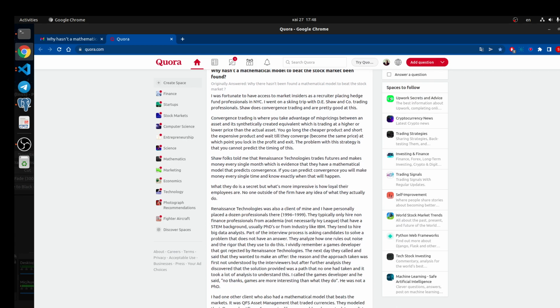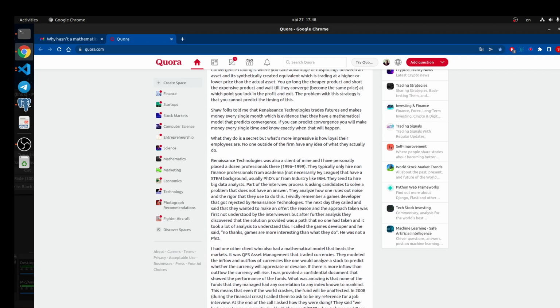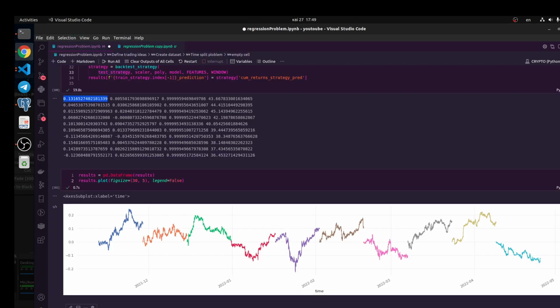When I read this article, I understood that we have some problems with quantitative trading strategies. Sometimes the strategy works, sometimes it doesn't, and when it's working we should generate profit.